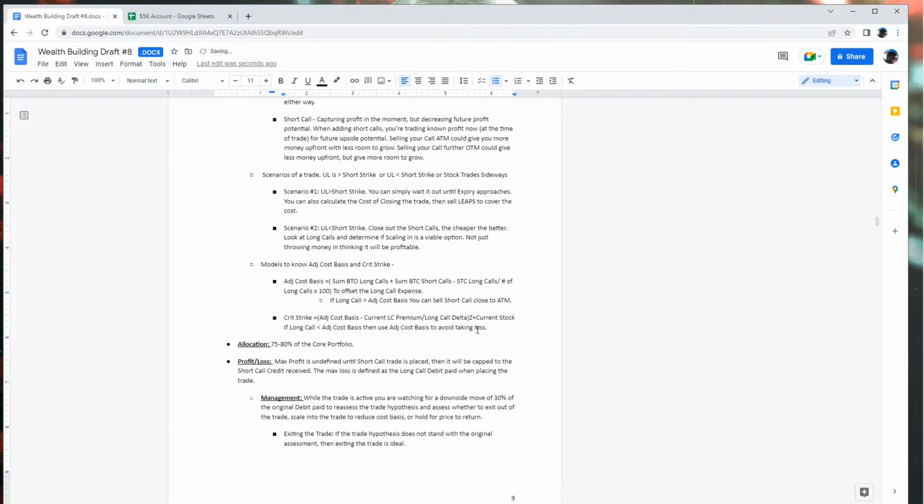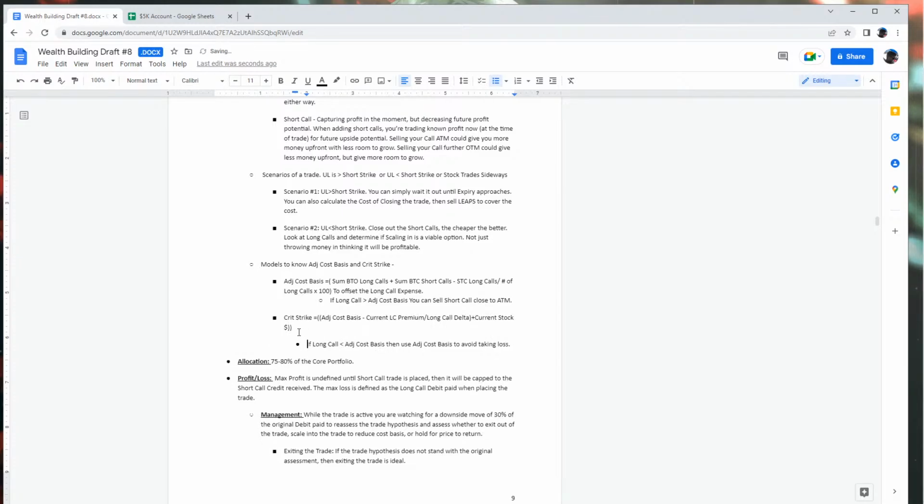We're just going to do a money sign, because a money sign is much cooler. I have one more parentheses there because that's how it's going to work properly. Boom. Okay. So adjusted cost basis minus current long premium divided by long call delta plus current stock price.